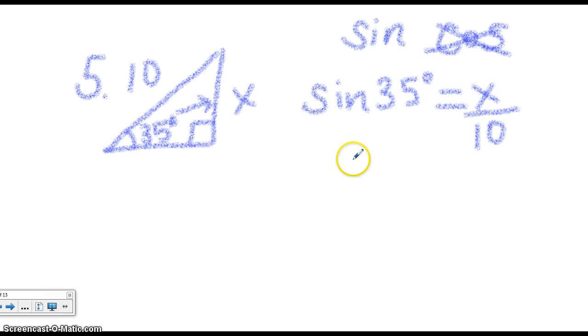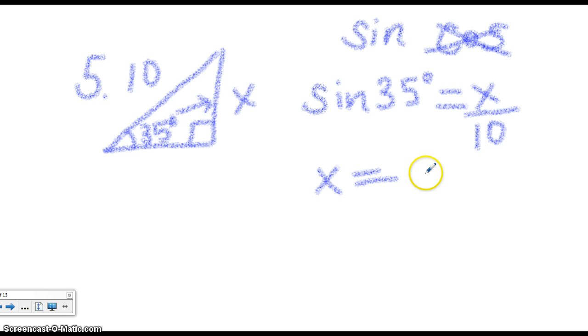Now we have a familiar equation. We grab our calculator and we go sine of 35 is 0.57357. That's going to need to get multiplied by 10. So I'm going to leave that on my calculator. Multiplying it by 10, well, you know what? It just moves the decimal place one place.